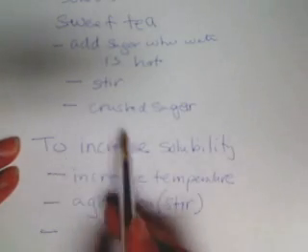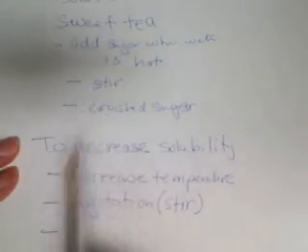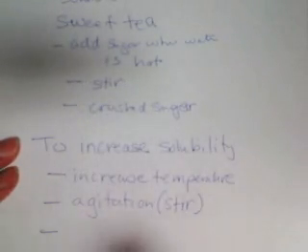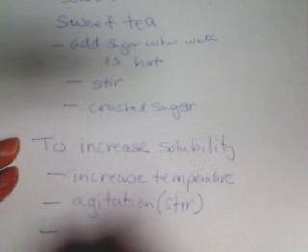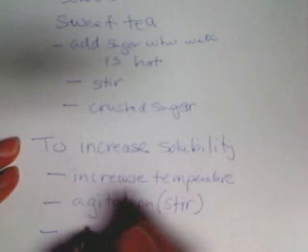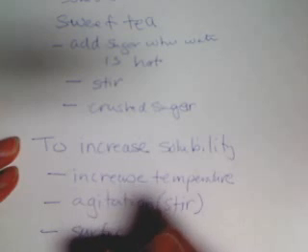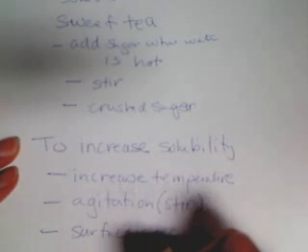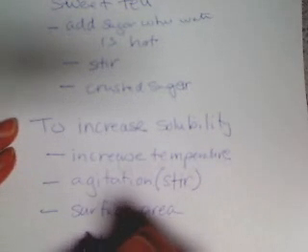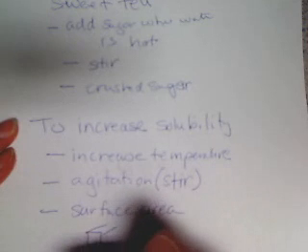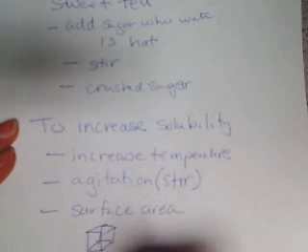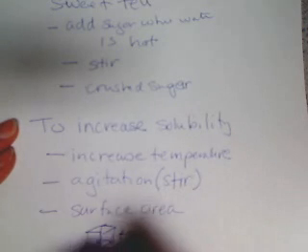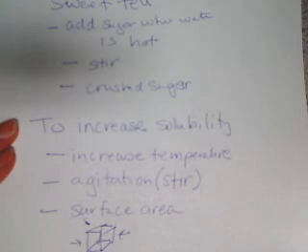And the next thing is we said that I wanted to use crushed sugar instead of rock sugar. And the reason you want to do that is we call this surface area. If I have a big cube of sugar, okay, don't mind my drawing, it's bad. The water can only attack the surfaces, right?